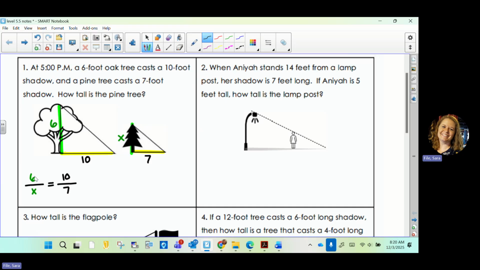Is this the only correct proportion? No. You could also go 6 to 10. So I could stay within the oak tree, tree to shadow, and then I would have to go tree to shadow for the pine, so x to 7. That would work also.